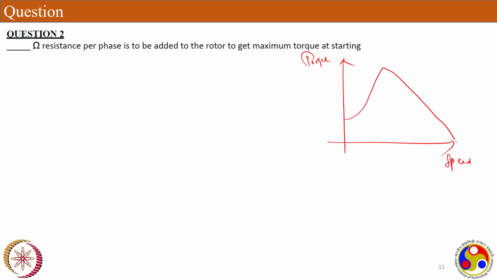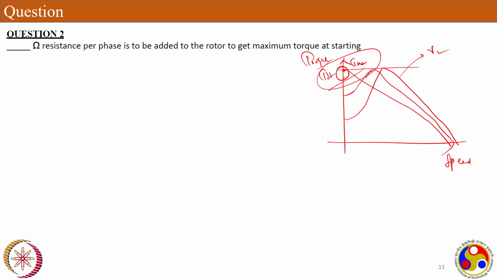This is the maximum torque, and this is for the R2. I inserted another resistance and got this kind of curve, and I should get maximum torque at the starting itself. So at this condition, this is the starting torque, and this is the maximum as well.